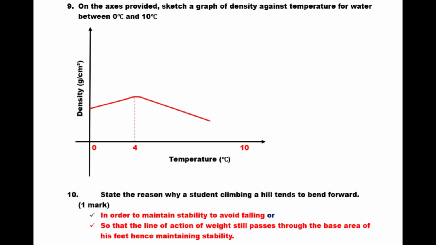So, one, the reason is in order to maintain stability or avoid falling, or you can also say, so that the line of action of weight still passes through the base area of his feet, hence maintaining stability.